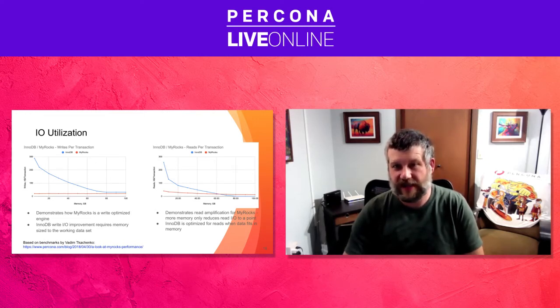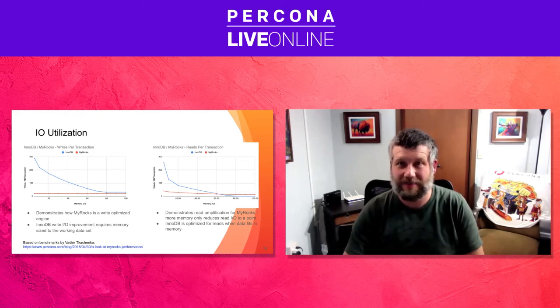Now, on the reads side, again, when we have our data size well above the amount of memory, MyRocks is outperforming it. But similar to the previous slide where we showed the throughput, once the data set was primarily in memory, InnoDB can outshine. And this is where InnoDB, if we recall, was based on the B+ tree, so it is going to be optimized for small reads, which we can see right here.